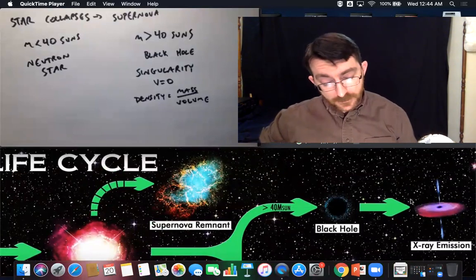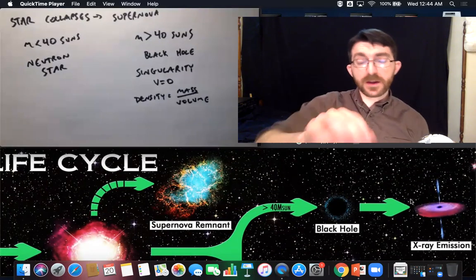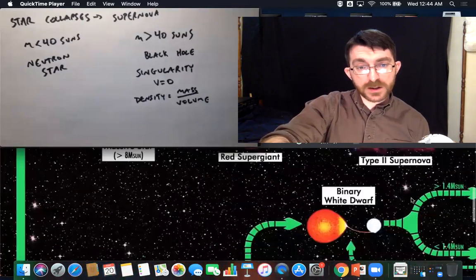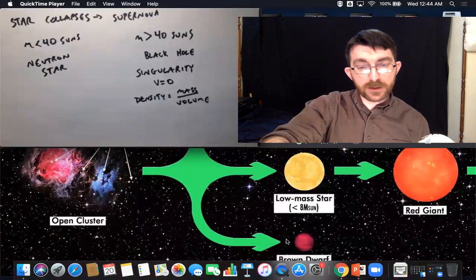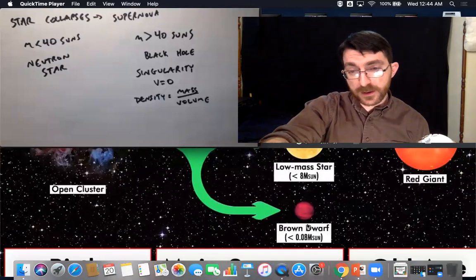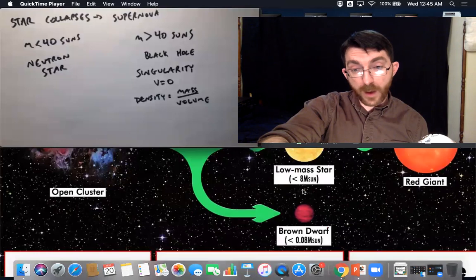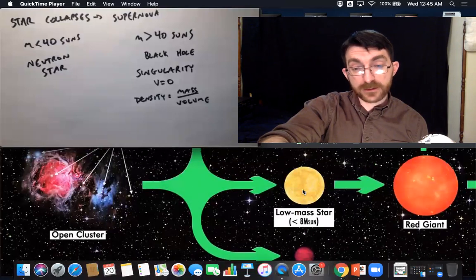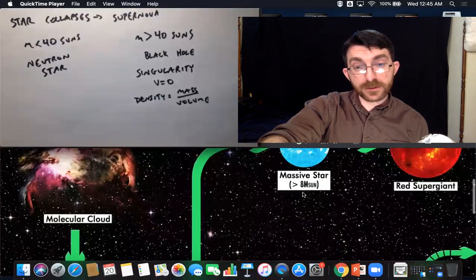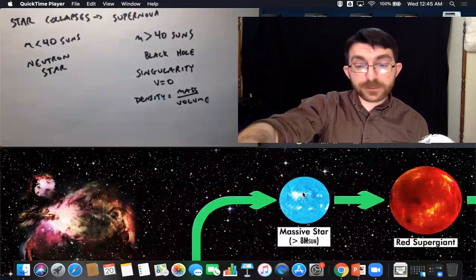Anyway, we went through the life cycle of stars, whether they be very light and not even really a star, low mass, such as our star, which would be between 0.08 and 8 solar masses, and then a supermassive star. They have a similar path.